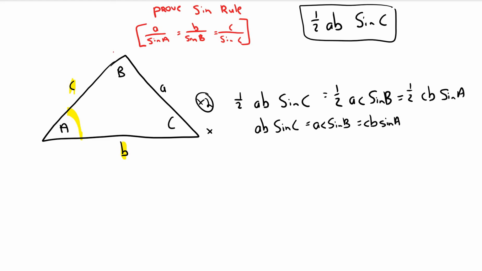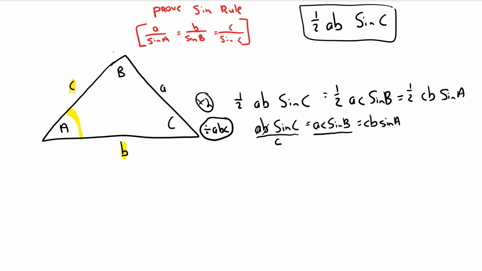Now I'm going to divide by abc the whole way across. So watch this, this is the kind of magic. If I divide this by abc, the a and the b will cancel each other out, so I'll just be dividing by c.